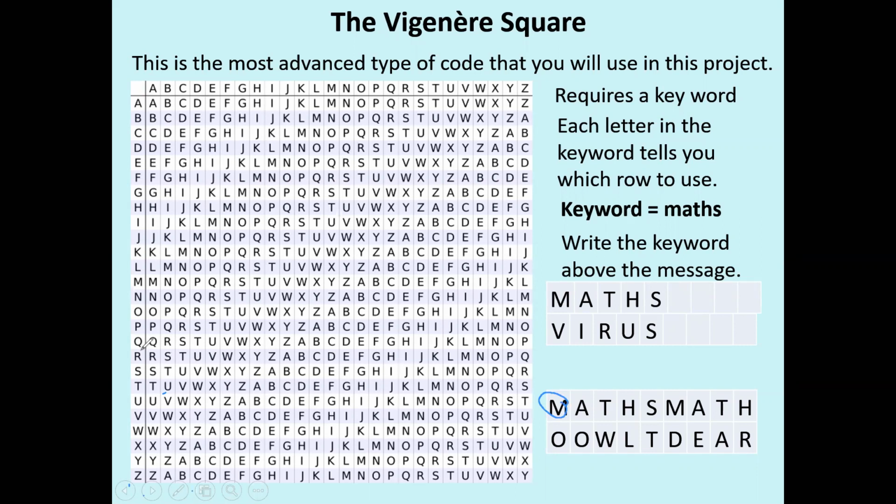We know we're in row M, which is here. Now this time, what we need to do is look for the letter and then follow that up to the top. So we're in row M, we're looking for the letter O, which is here, and then we're going to go up. So previously we went down when we're encoding, here we're decoding, we're going to go up, and we can say that that is going to give us a C.